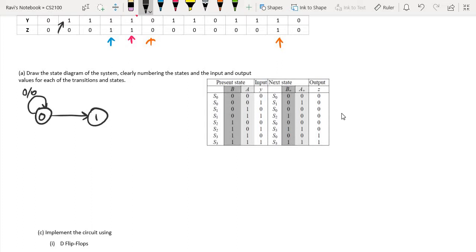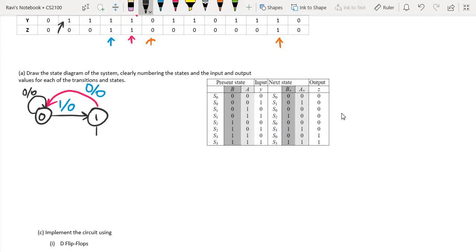At this point the input is a 1, but the output is still a 0. When I'm in state 1, what can happen? If my input is a 0, then my output is 0 and I go back to state 0.